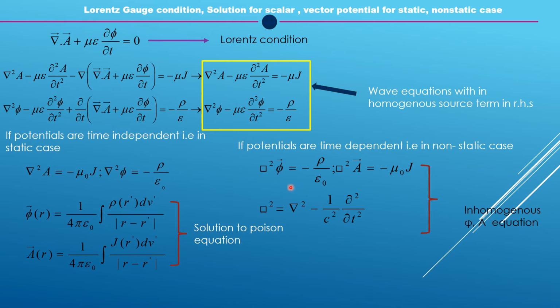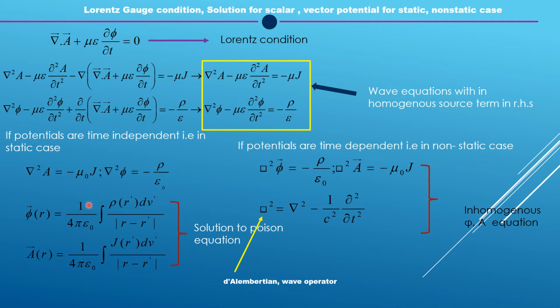So this is the final equation, and here you can get the concept of retarded potential. This is called the D'Alembert wave operator, and this is actually the inhomogeneous phi and A equation for the scalar and vector potential. So if you know the form of the scalar potential phi and A at R, where R means the field point, the point at which we are evaluating the potentials, we can in turn get the value of the electric and the magnetic field.